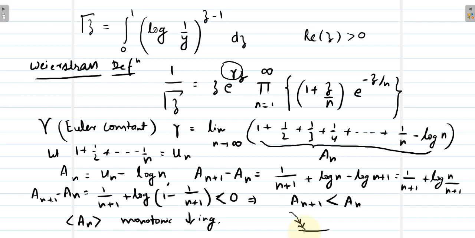So now, having shown that the sequence an is monotonic decreasing, we just need to prove that the sequence an is bounded below.